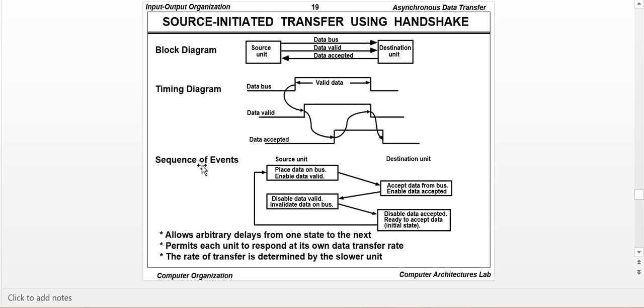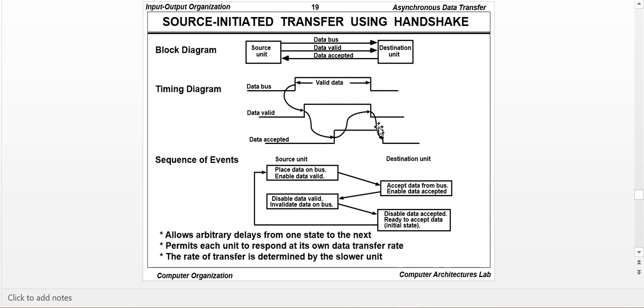Now look at the sequence of events. From the source unit, place data on bus, enable data valid. And then from there, look at the arrow mark. Accept data from bus: the destination unit will accept the data from the bus and then enable the data accepted signal. Then, once the data accepted signal is enabled, the source unit will disable the data valid signal.